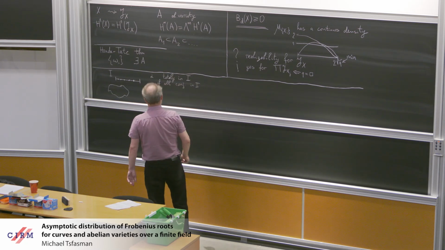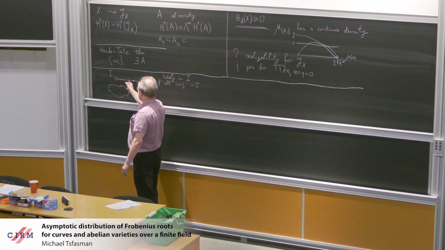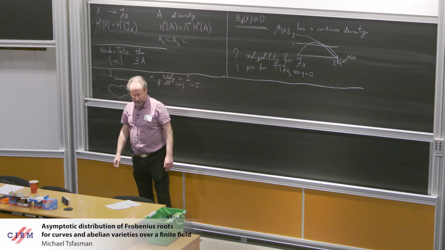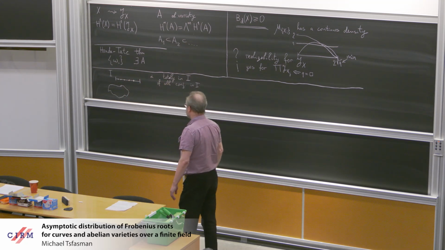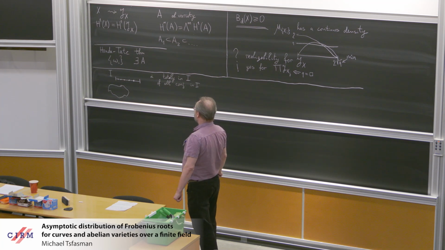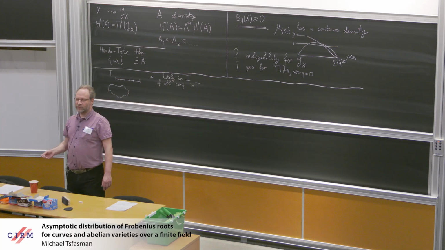And the question is, so you have some set on the real line. From now on, I'll speak only about the real line. Is it true or not that you have infinitely many algebraic integers that are totally there?